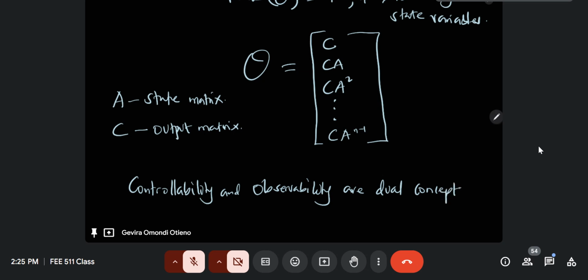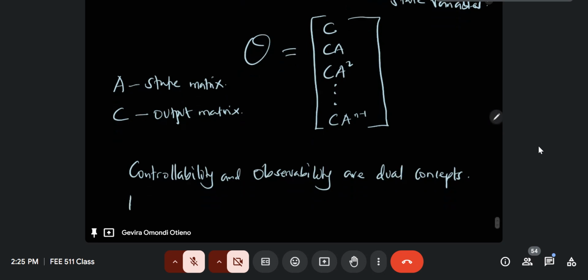You guys have been taught duality in so many areas, even in maths, okay? So for example, if you had a system, let's describe that system as AB, the system AB.